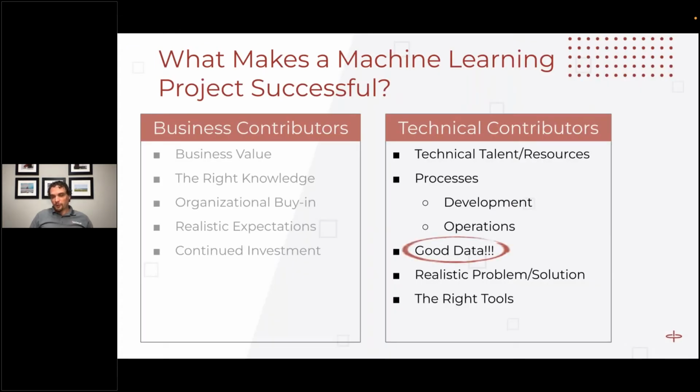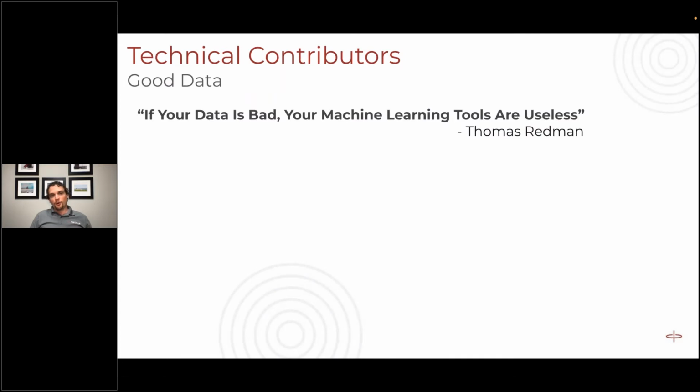And then I'm going to really highlight this because it is so important. Good data. Really knowing that you have quality, well-labeled data coming into your machine learning training is so important. There's a famous quote by Thomas Redman. It said, if your data is bad, your machine learning tools are useless.